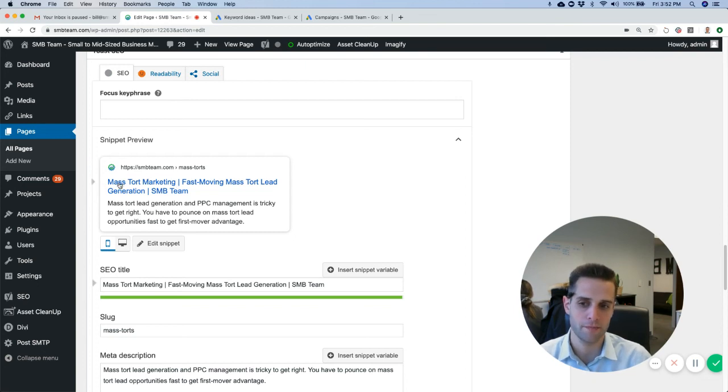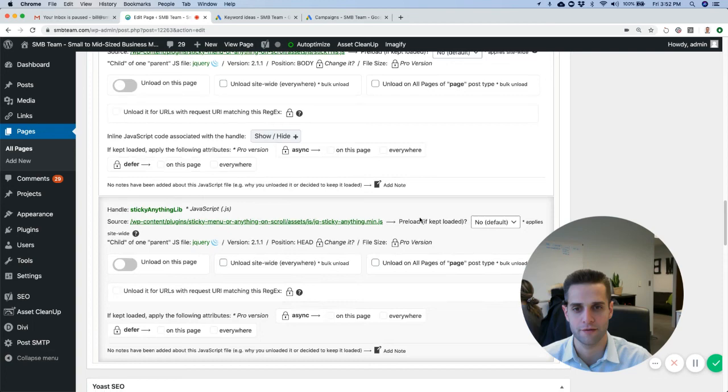So always try and have your major keyword close to the beginning, and then put a you-focused line as the second line. And then if you have a brand, put your business name as the third line. If you don't have a brand, you can put a call to action of some sort, like get a free consultation, or you can just add another you statement. So those are some principles we like to follow.